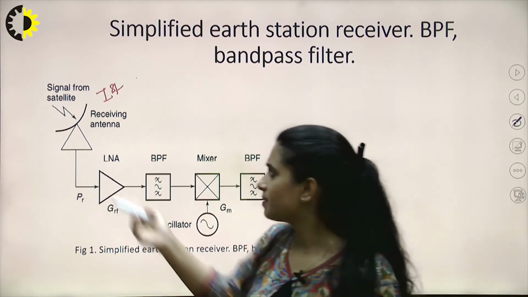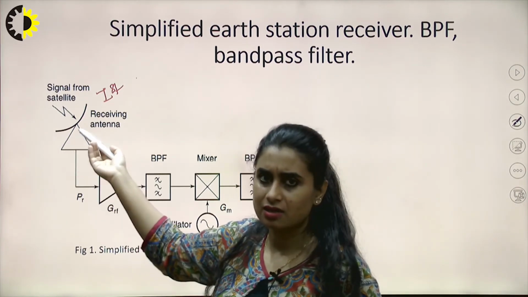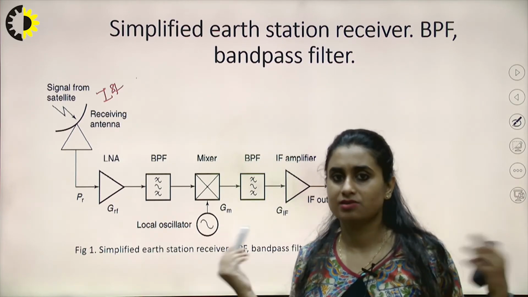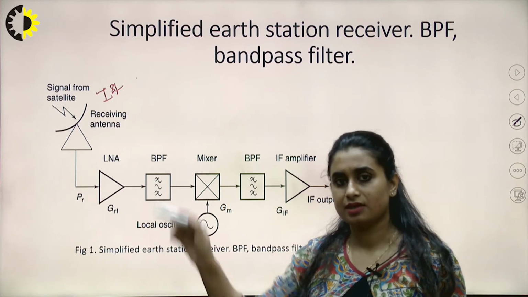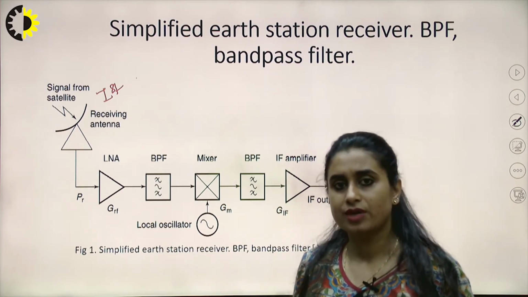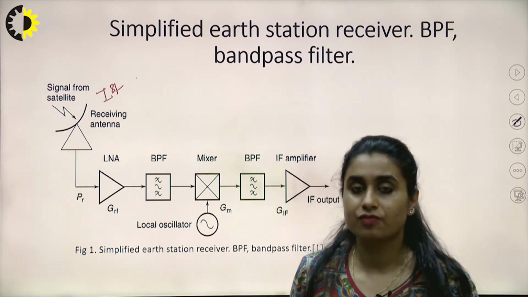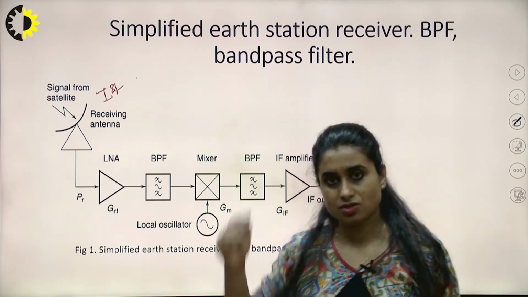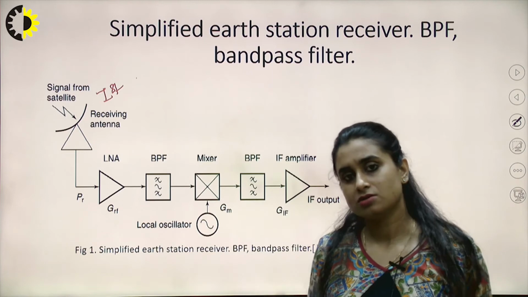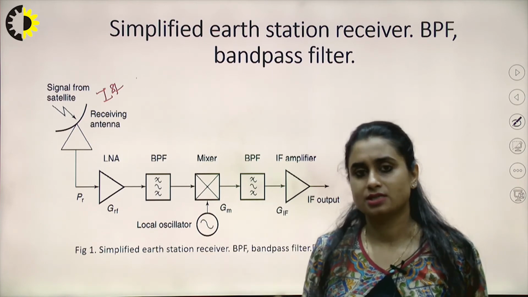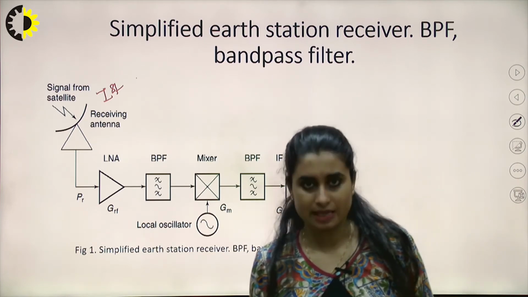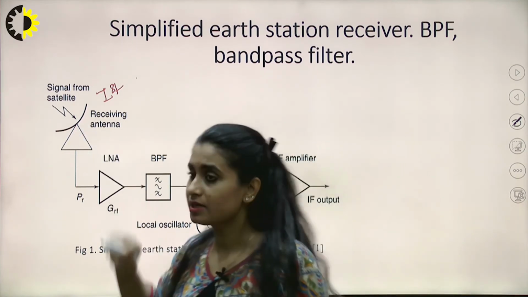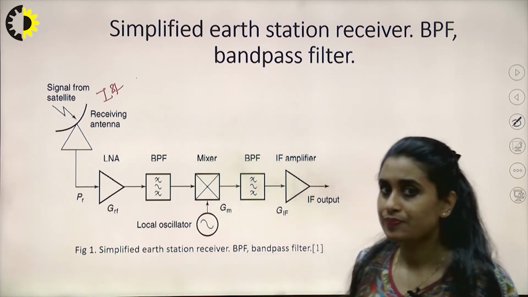So a parabolic dish or Cassegrain antenna. For satellite earth stations, we use large size Cassegrain antennas, large diameter antennas. If we are working with very small aperture terminals like D2H, which are installed on our rooftop, those are also paraboloid but of small size, approximately 0.5 meter diameter. So the first element is my antenna.